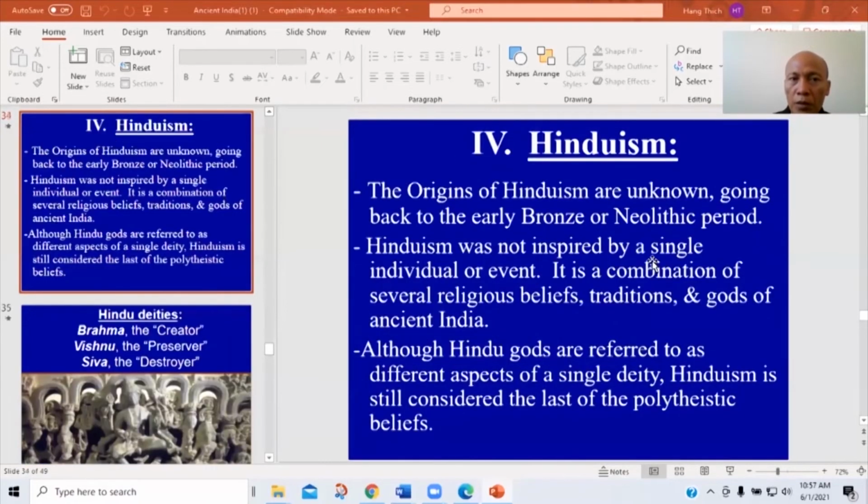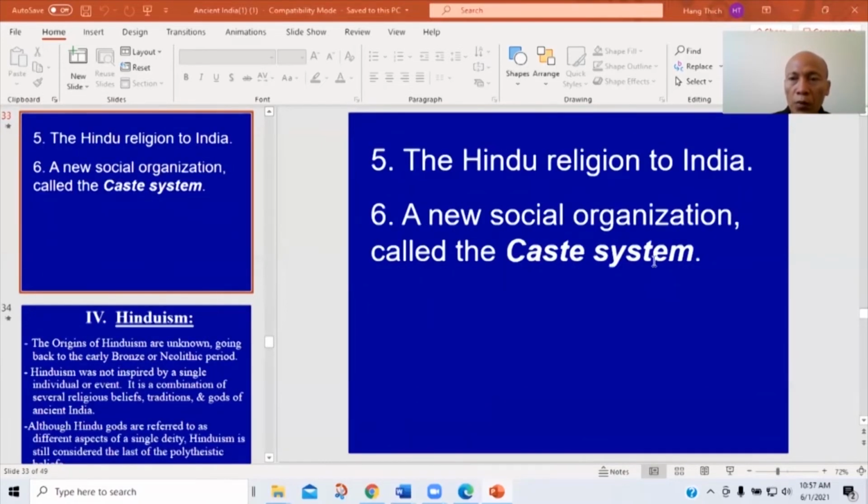In the caste system, they drew what we call the first class. That's the Brahmin, the priest class, the highest class. The second one is the royal class, the one that controls politics around the country.